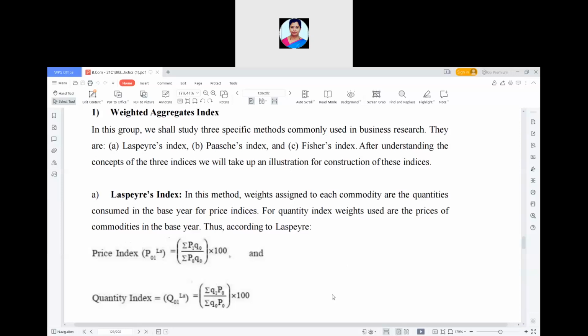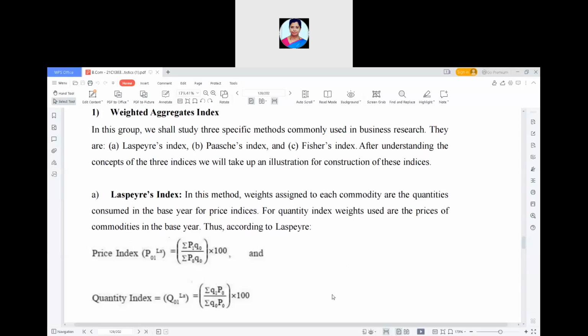Usually the price index is given by summation P1 by summation P0. Here we make use of the quantity for the base year: we multiply and divide both numerator and denominator by Q0. So summation P1 Q0 by summation P0 Q0. In the quantity index, we always have summation Q1 by summation Q0.